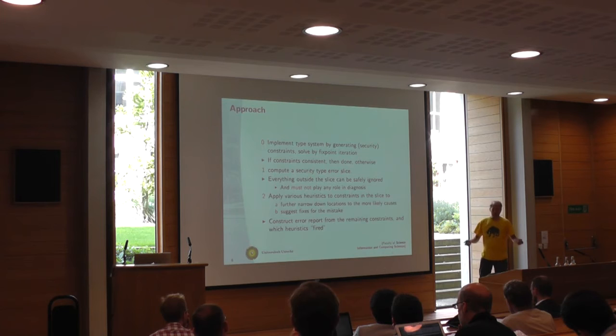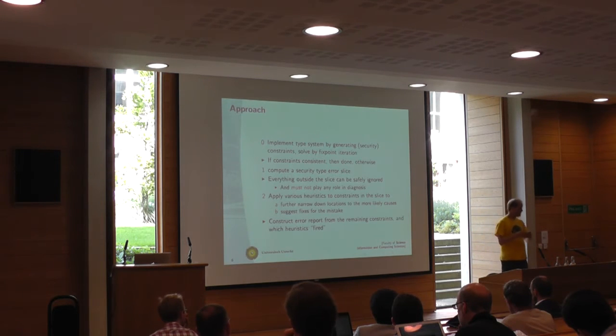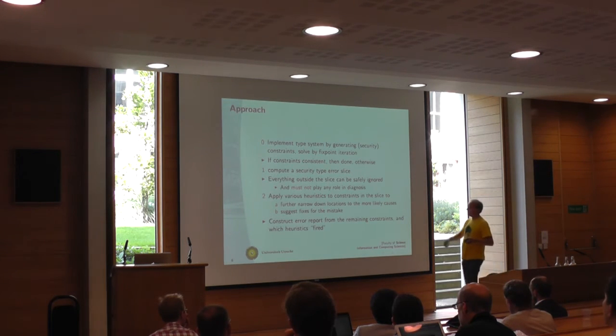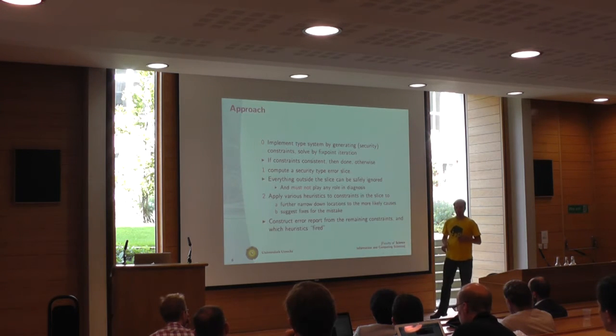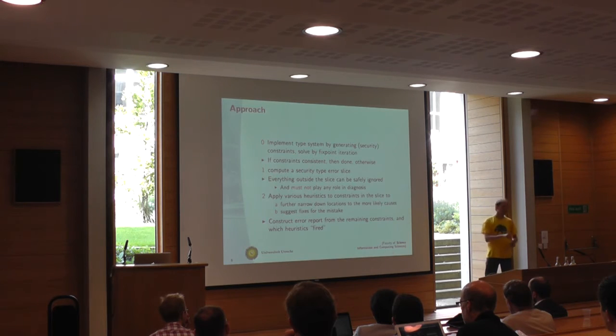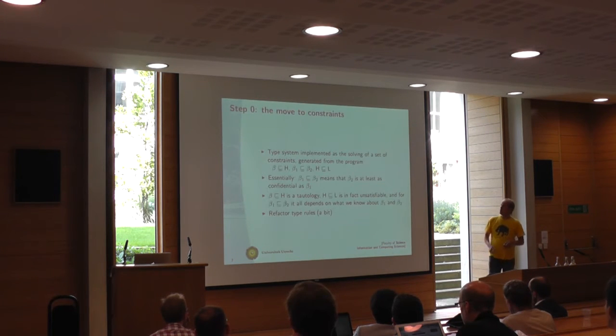And then, based on the constraints that are basically left after we do that, and the heuristics that we used to further narrow it down or to find suggestions for fixes, we use that information to generate what we hope to be a to-the-point error message. So first, massaging the constraints.